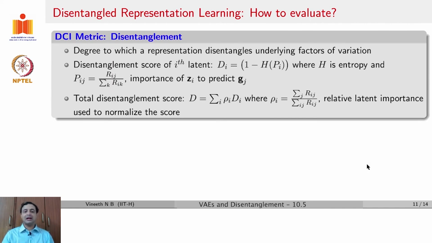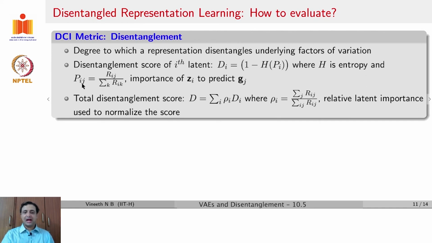Let's look at disentanglement first. This metric tries to capture the degree to which a representation disentangles underlying factors of variation. This is obtained by defining di as 1 minus H(Pi), where H is the entropy of Pi. And what is the probability distribution Pi here?